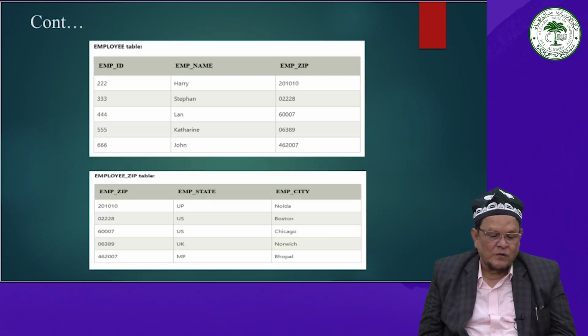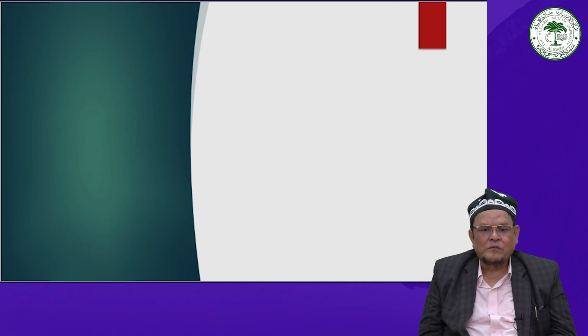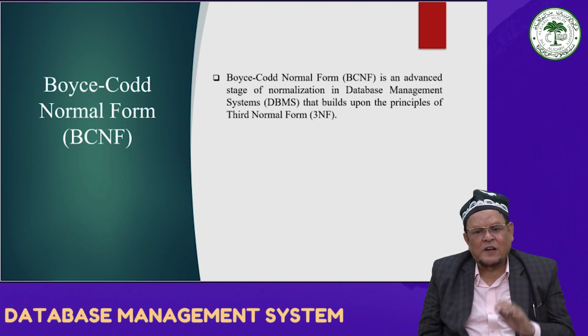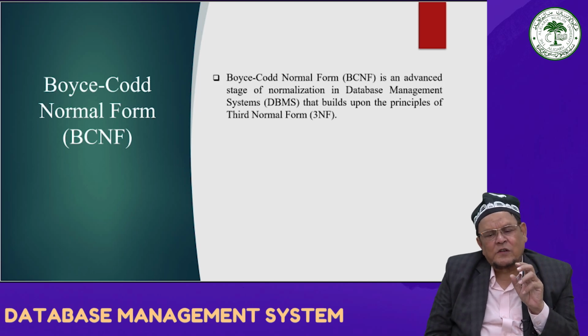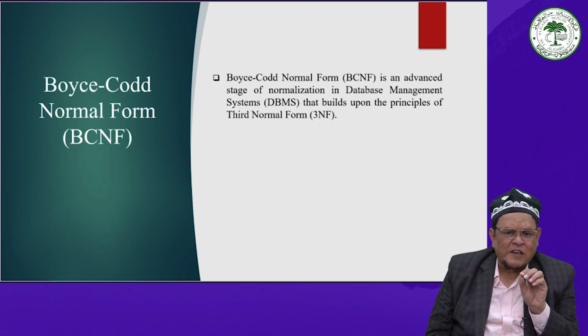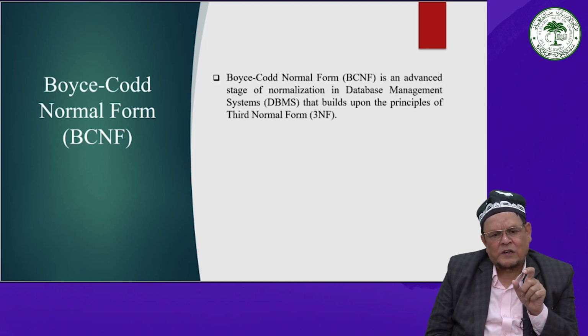Come to the fourth normal form. Before fourth, there is Boyce-Codd normal form. Boyce-Codd normal form is an advanced stage of normalization in database management systems that builds upon the principle of third normal form. It aims to eliminate certain types of anomalies by further reducing redundancy and dependency in a relational database. In BCNF, a table must meet the following criteria.